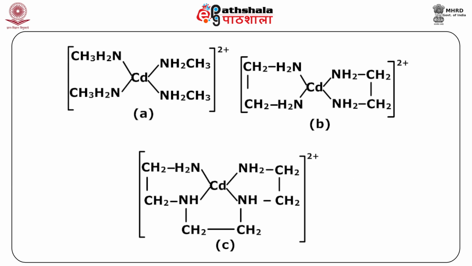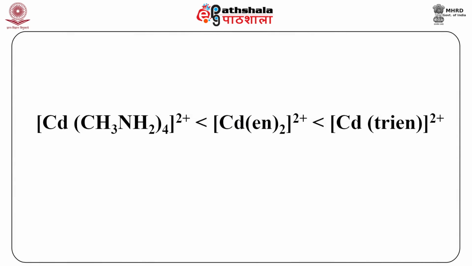The structures of cadmium complexes with all these three ligands are shown. Cadmium methylamine is a non-chelated complex, whereas cadmium ethylenediamine and cadmium triethylenetetraamine are chelated complex ions. Therefore, the order of stability is given as follows.